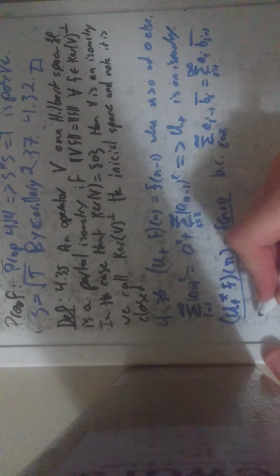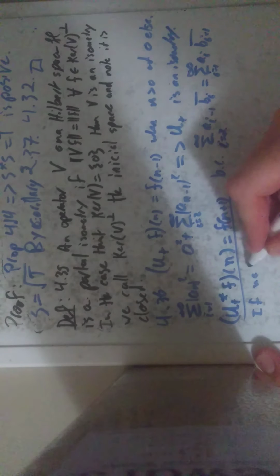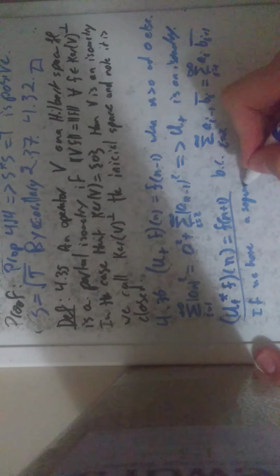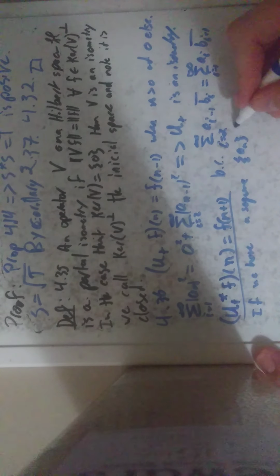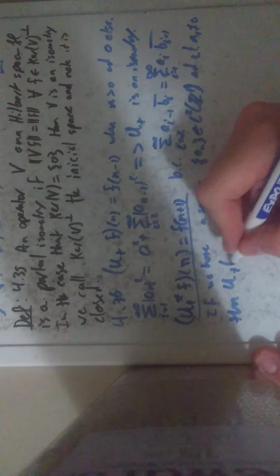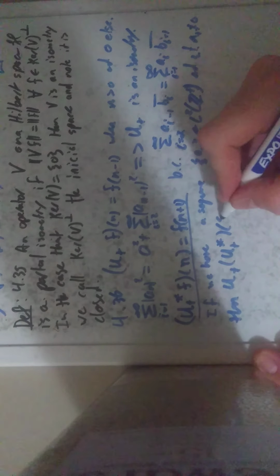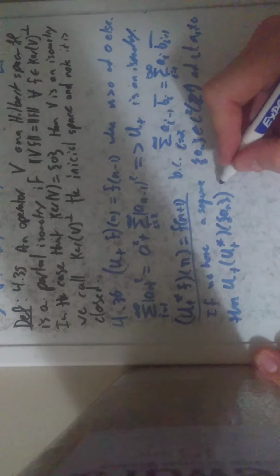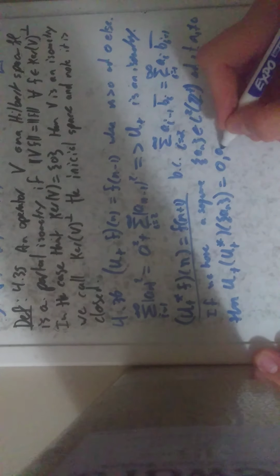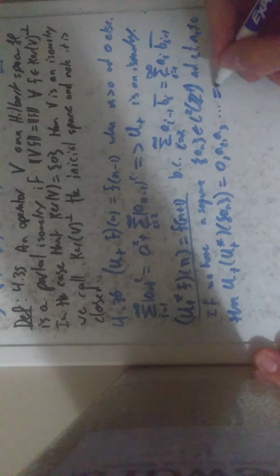Now, what we note is that if we have a sequence a sub n that is in our space L2 of Z plus, and such that a1 does not equal 0, then U plus star of a sub n is equal to the sequence 0, a2, a3, and so on, which is not the same thing as a sub n, because they have a different first term.